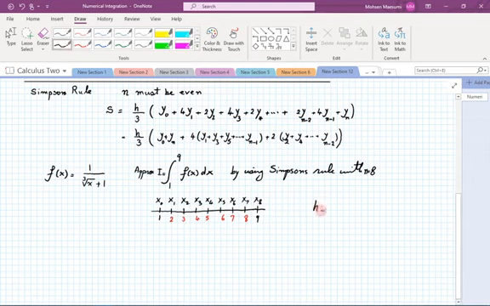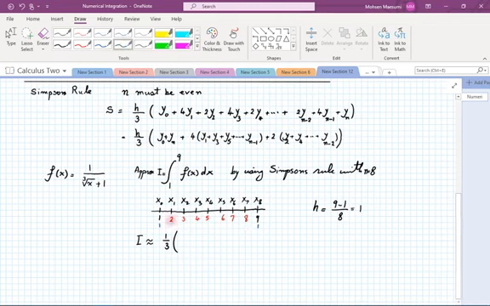First, we want to say h is the ending point minus the beginning point divided by the number of panels. That's going to be, thankfully, just a nice number, 1. The integral I want to calculate by this approximation is going to be this h divided by 3, so it's 1/3 of. Then what we do is that the first and last point are going to have coefficient of 1.